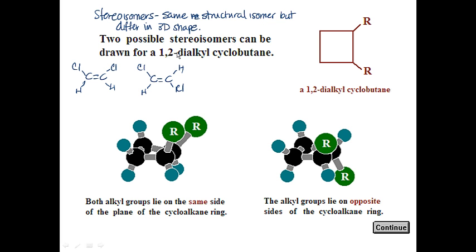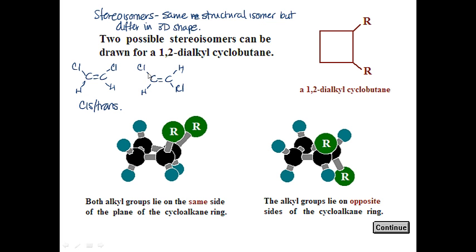Remember the technical difference between these geometric isomers, or cis-trans isomers, versus conformers was that cis-trans isomers can't be interconverted. You've got to break the pi bond in order to convert cis to trans. For conformers, we could convert those by simply rotating around a single bond.